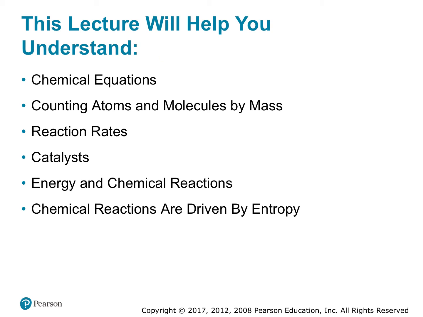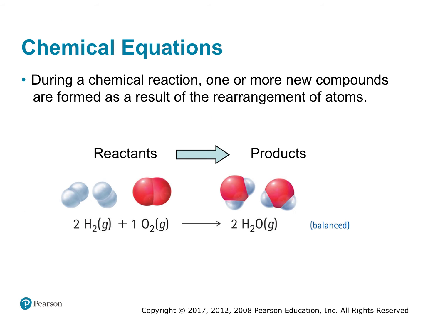But in this lecture, we're going to mainly focus on these first two: how chemical equations work and what they tell you, and how we can count the number of atoms involved in a chemical reaction by measuring the masses.